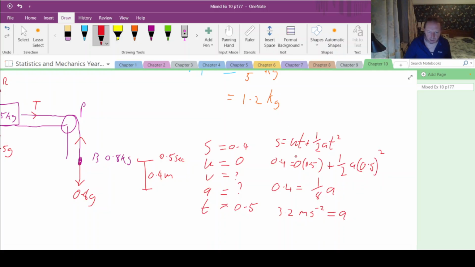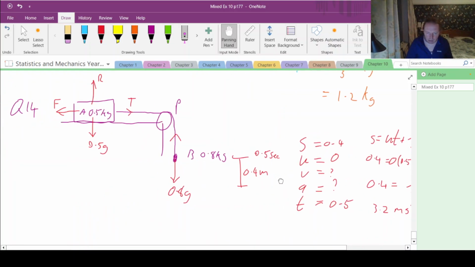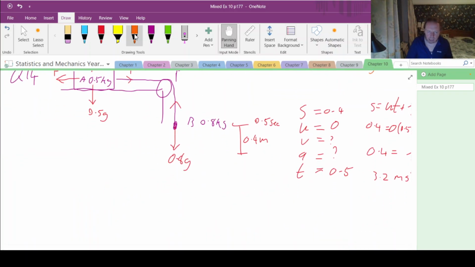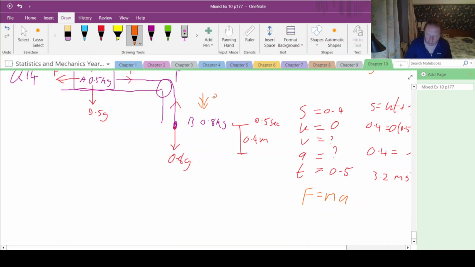The tension in the string. Well, again, let's work on B. Let's put together F equals MA for the system of B. I now know this accelerates at 3.2 meters a second squared. For my forces, I'm going to say down is positive and up is negative.